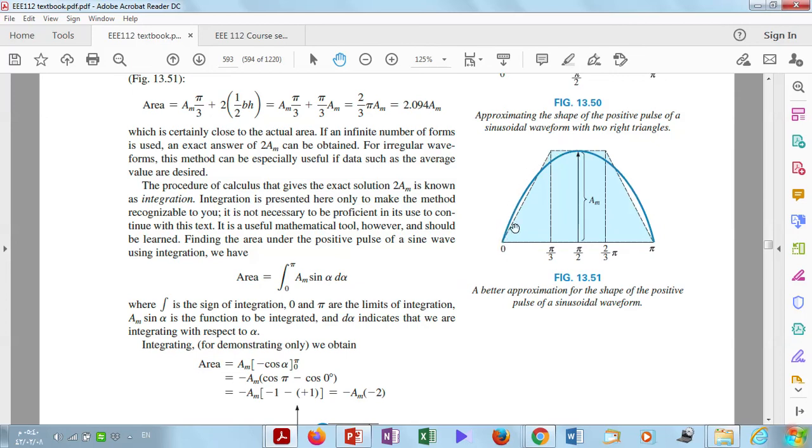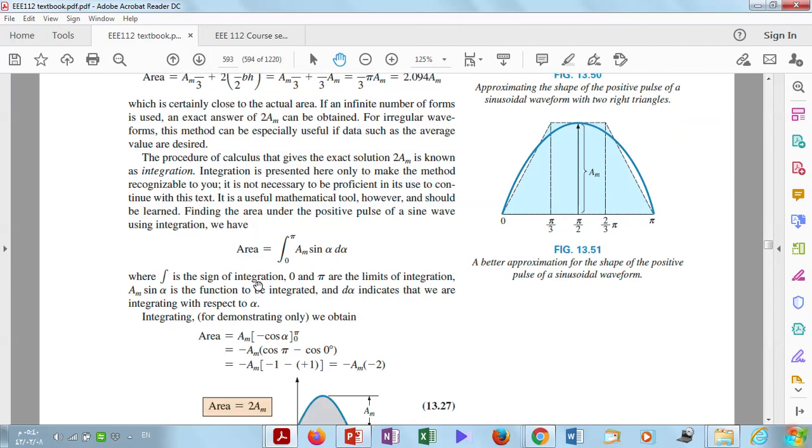how can we calculate the area under the curve of a sine wave? If you remember in math, the integration of the sine waveform means the area. If we integrate Am sine alpha, you will get the area.